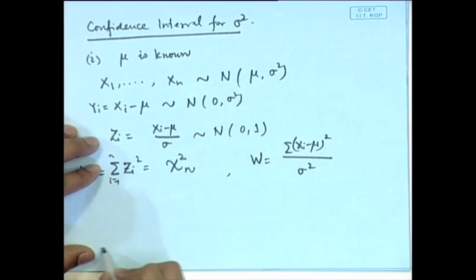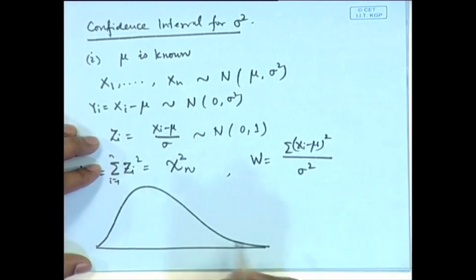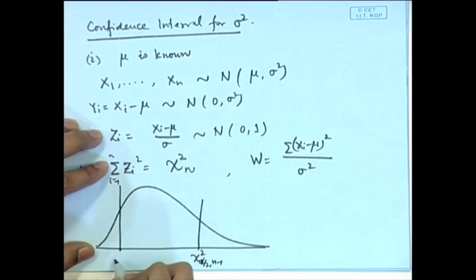If we make use of the chi square distribution, we consider chi square alpha by 2, n minus 1 and chi square 1 minus alpha by 2, n minus 1.